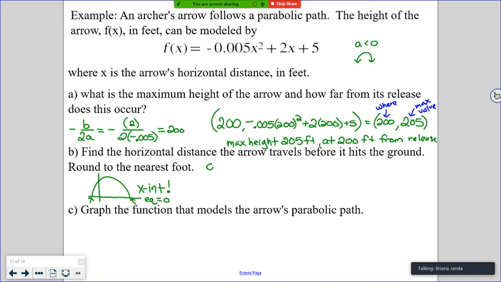So if I set my equation equal to 0, I absolutely would put this into my quadratic formula, because I'm not going to try to factor something that has a negative 0.005 in front of our x squared, right? So I would go grab my quadratic formula.